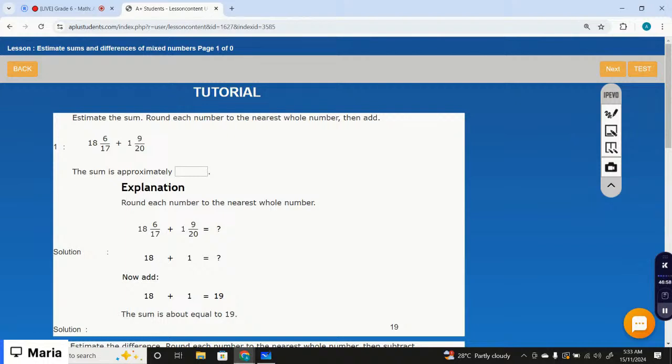That means the sum is about equal to 19. Let's just start with the test questions.